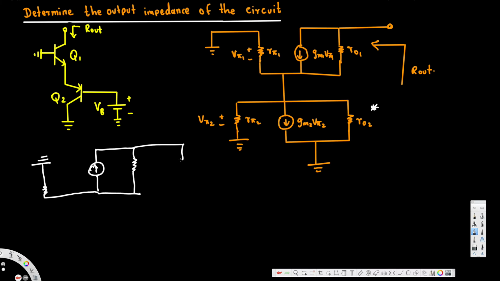And this one is connected to the ground, and this is RO2 and the current source here is gm V pi 2 and the voltage here is Vx and the current through here is Ix, and this one is connected to the ground, and this one is R pi 2 and then minus plus V pi 2.